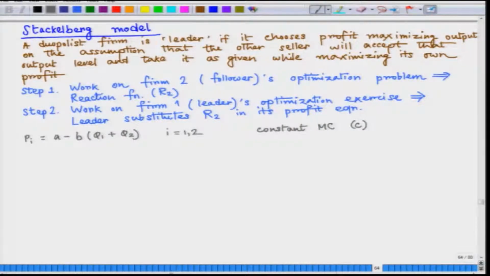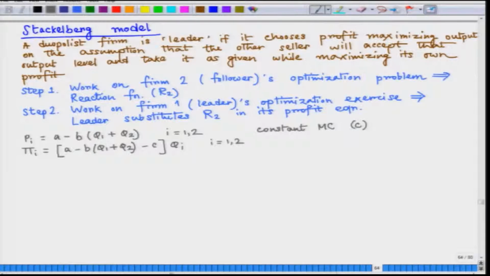And if I assume these two, then the profit equation for both the firms will become (A - B(Q1 + Q2) - C) times Qi, right. And this is for i equal to 1 to 2.